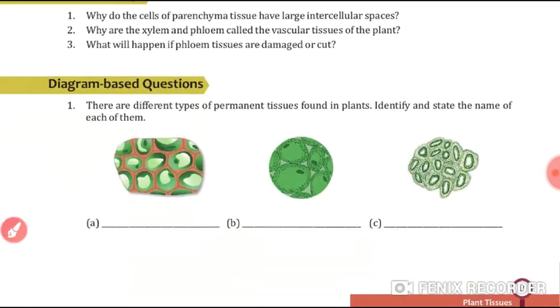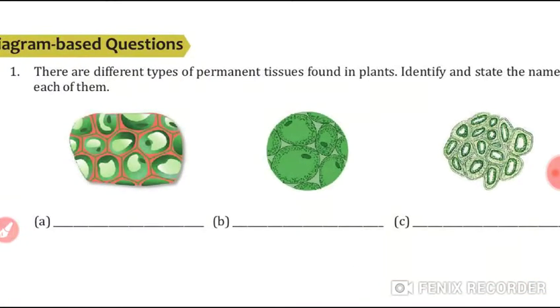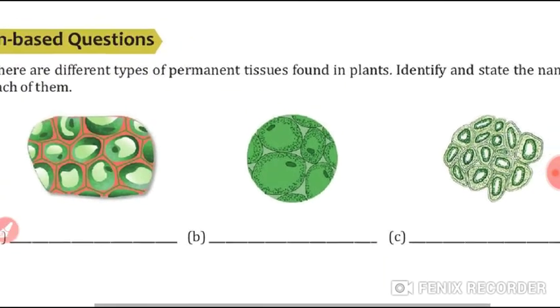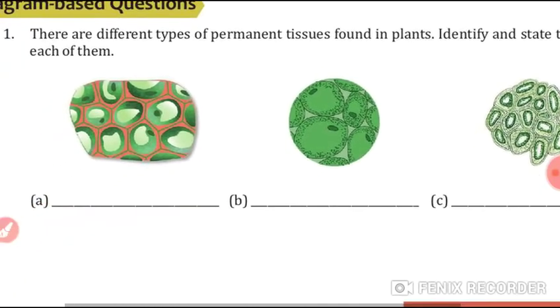Next, students, diagram based questions are there. Here there are different types of permanent tissues found in the plants. We have to identify and state the names of each of them.